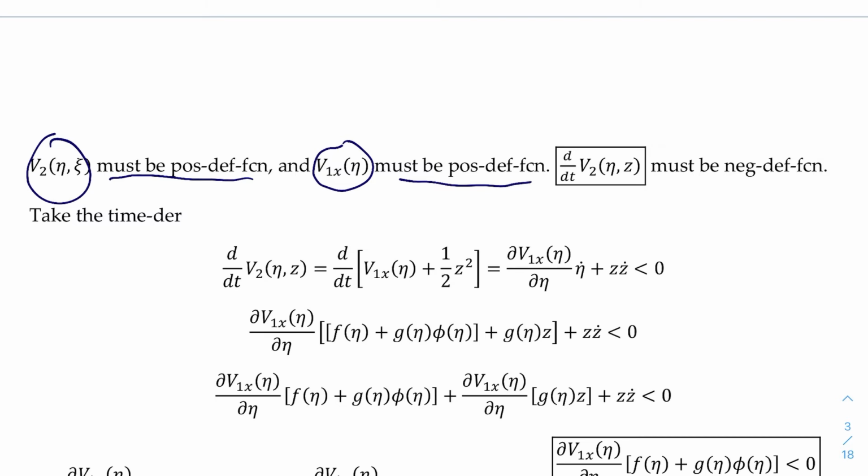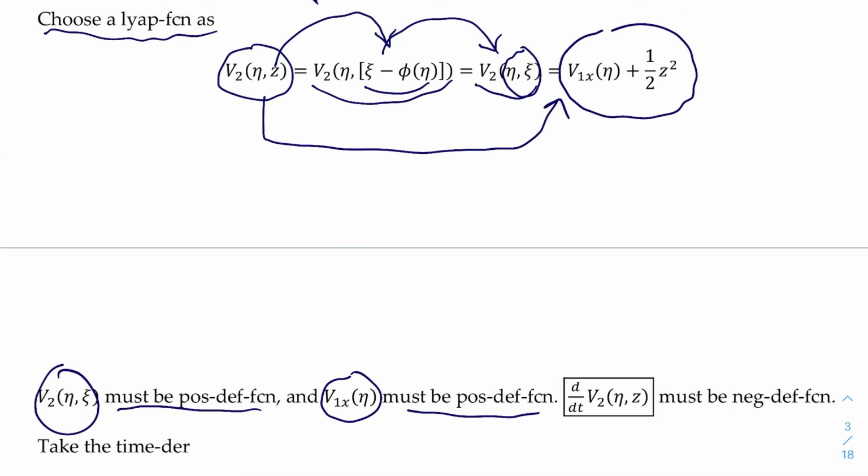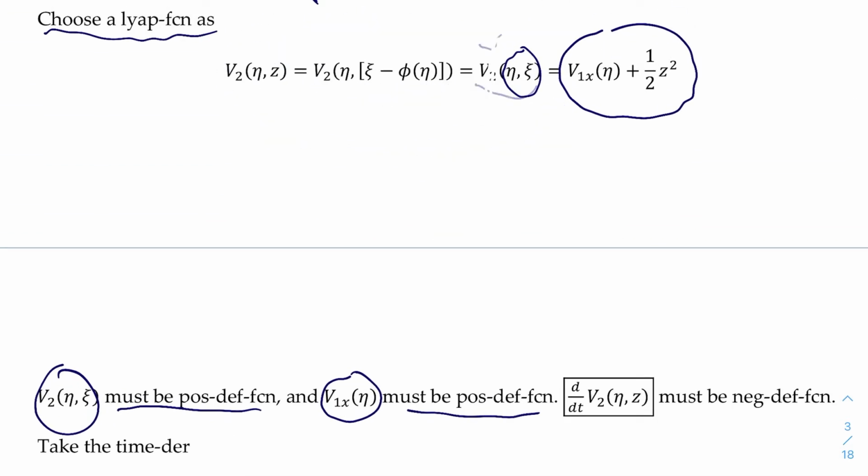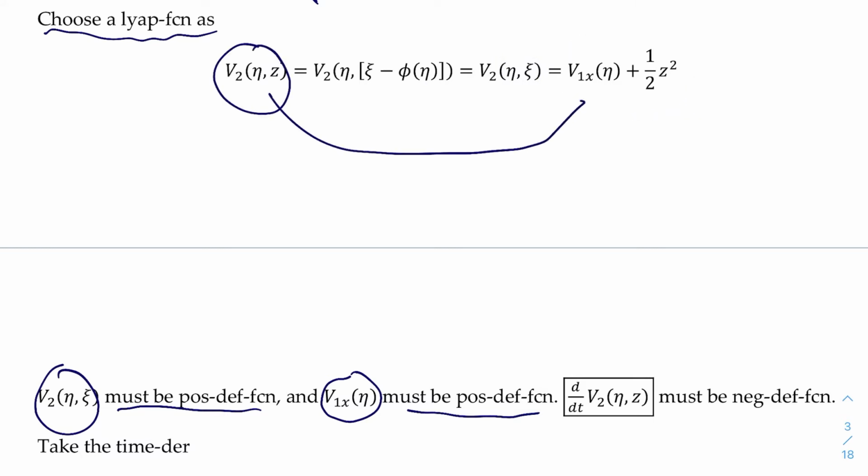Let me make it clear. This is our Lyapunov function, and this must be positive definite, and as a result this must be positive definite, and this is already positive definite.